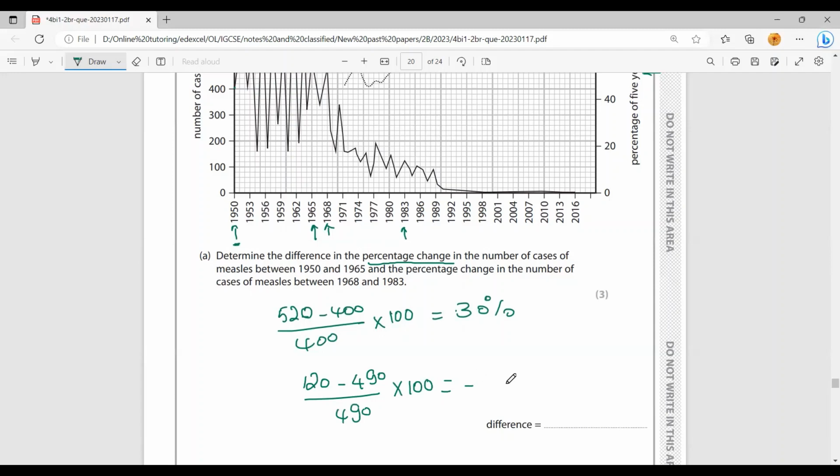So what's the answer here? 75.5. Just a second. Okay. But what's the difference between them?